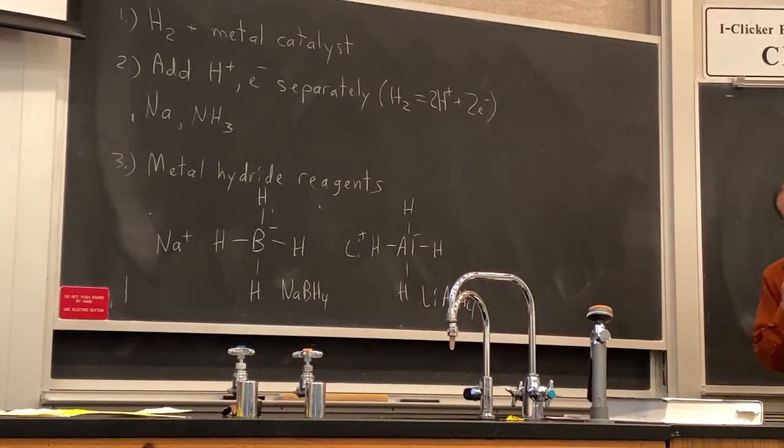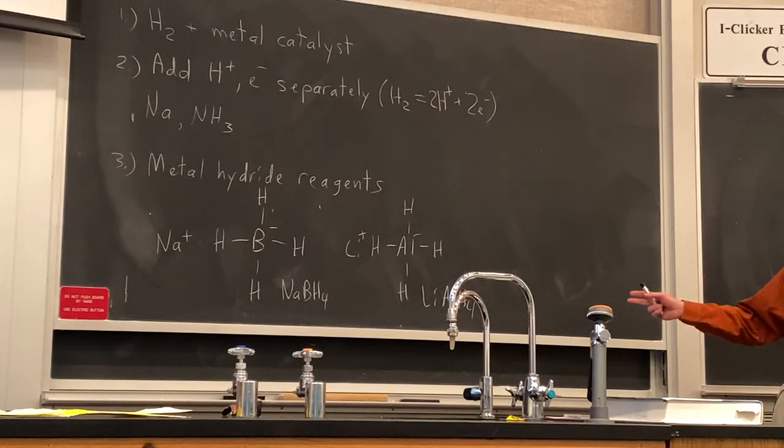So these metal hydride reagents illustrate a quirk of how we draw Lewis structures. Okay? So when we draw these Lewis structures and we assign the electrons to the atoms of the bonds and so forth, we find that we have formal negative charges on the boron and on the aluminum.